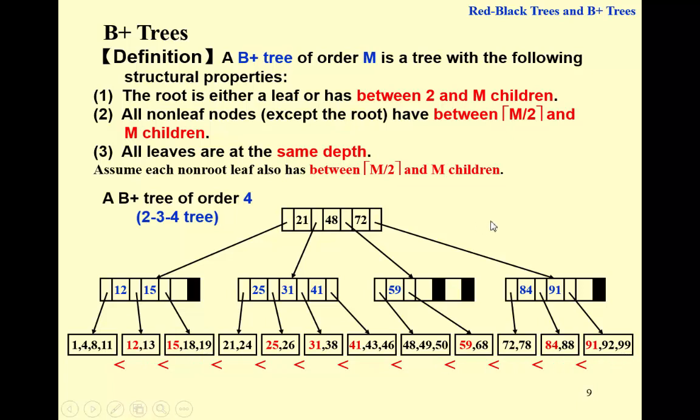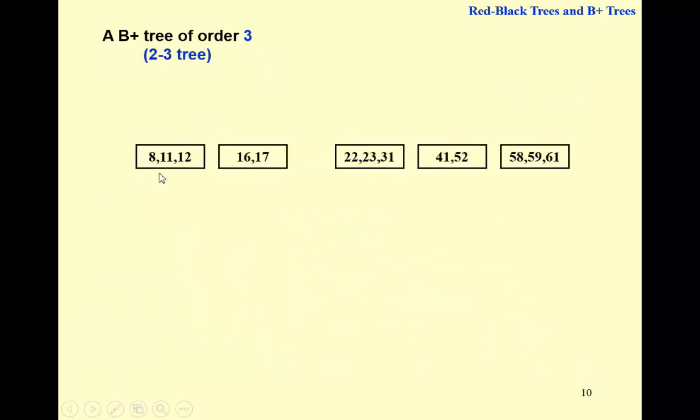Now let's check out insertions, deletions, and find by looking at one example. Suppose we now have a B plus tree of order 3, and we have some numbers stored in 5 blocks. Let's group them in this way and try to build the tree from the bottom up.